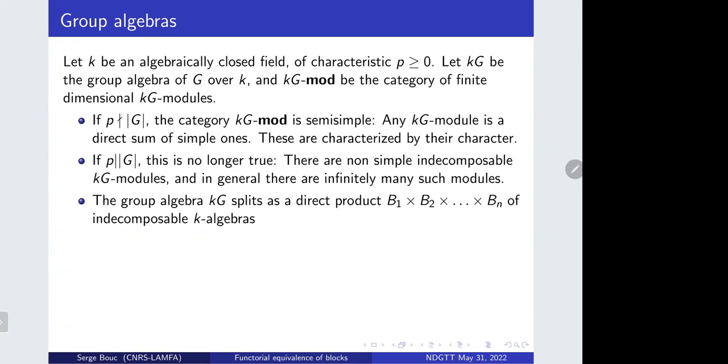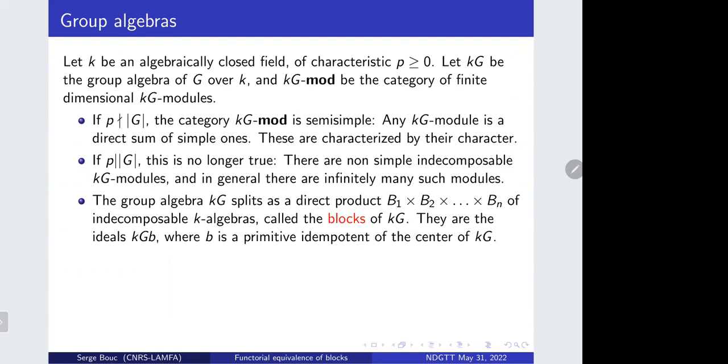These are called the blocks of KG, or the block algebras of G over K. They are all two-sided ideals of KG, of the form KGb, where b is a primitive idempotent of the center of KG. These b's are called the block idempotents. There is a well-defined unique finite list of them, and any of these block algebras is of the form KGb for a block idempotent.